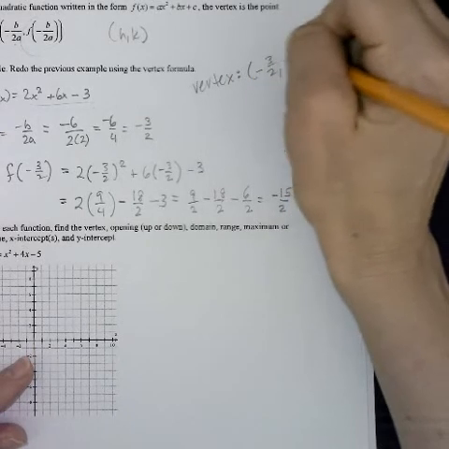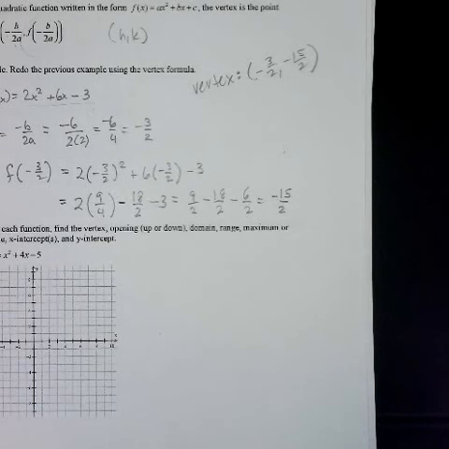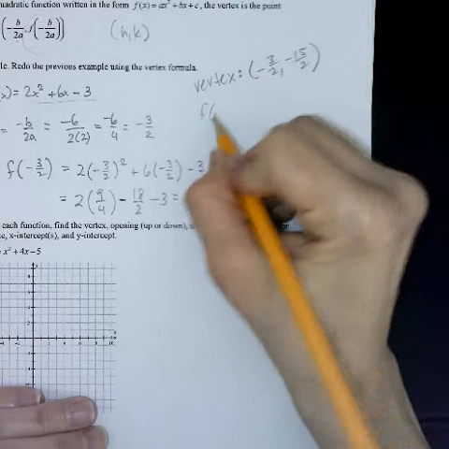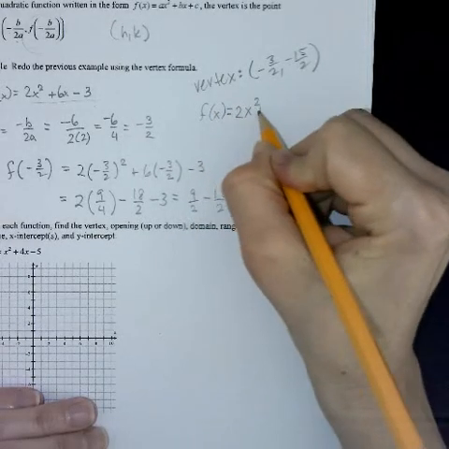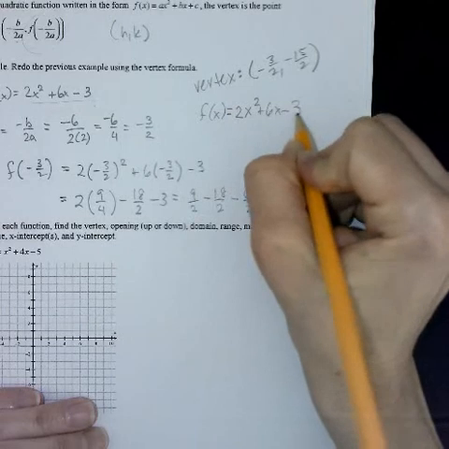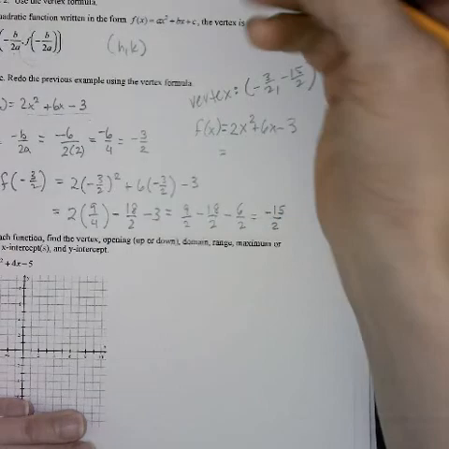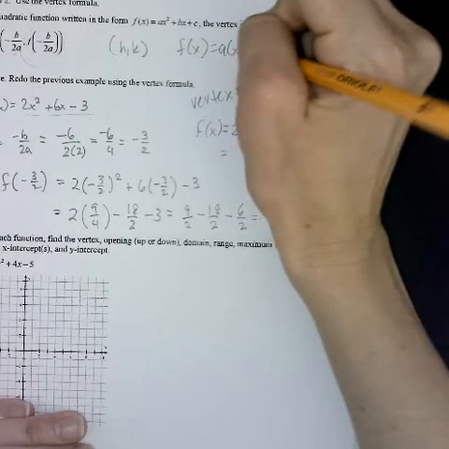And once we know the vertex, we can take this function, which was in general form, and put it in standard form. Let me write that form down here. In this standard form, the a's are the same.